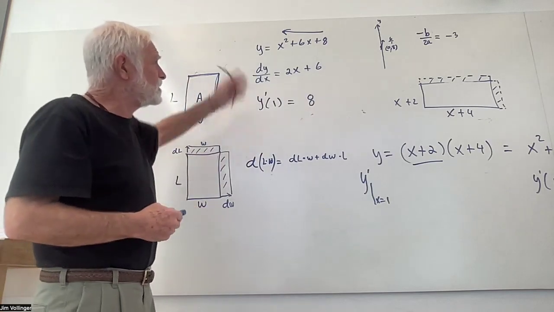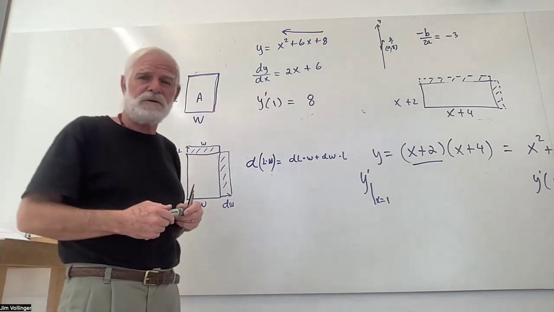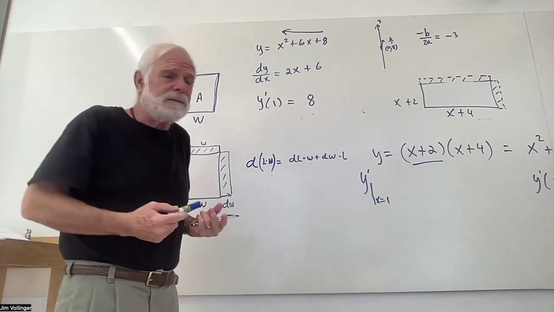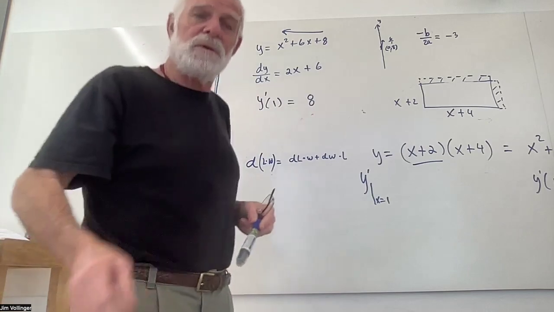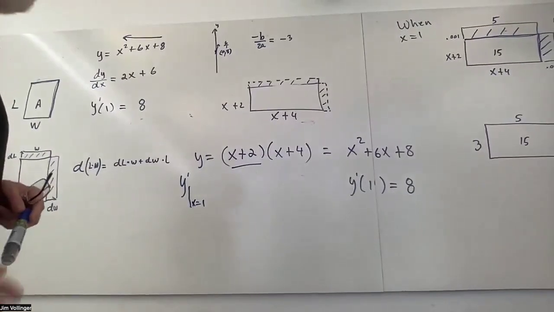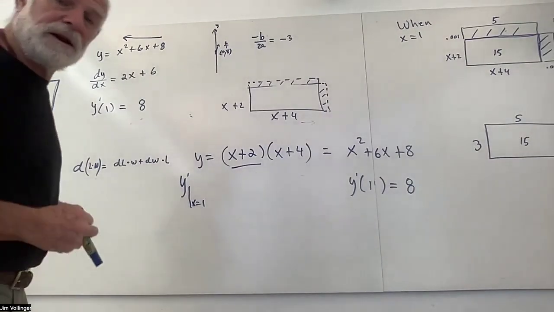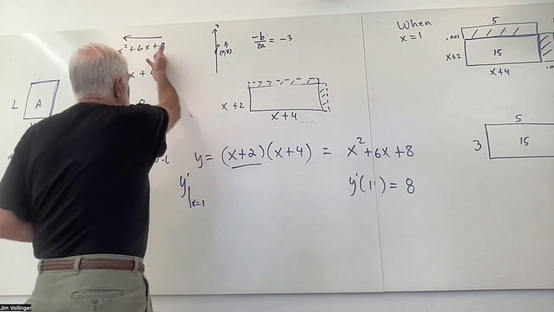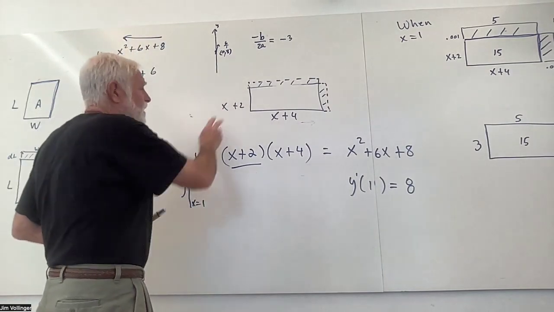And that's using your standard polynomial differentiation, which, if you're looking at the product rule, I'm assuming you've already done. But you may not know what you were doing. And so hopefully we can dive into that a little bit and help some folks understand it at a deeper level. So here's the product that gets us x squared plus 6x plus 8, x plus 2 times x plus 4.